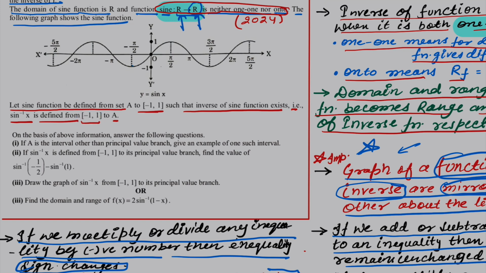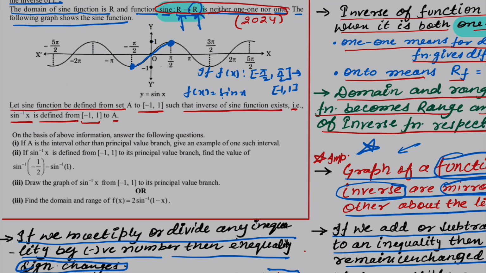If we take the branch of this function from minus pi by 2 to pi by 2, here I am saying that f(x) is defined from minus pi by 2 to pi by 2 to -1 to 1 and f(x) equals sine x.